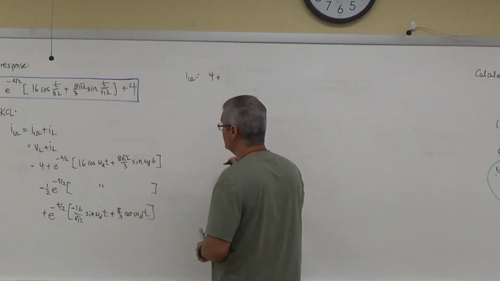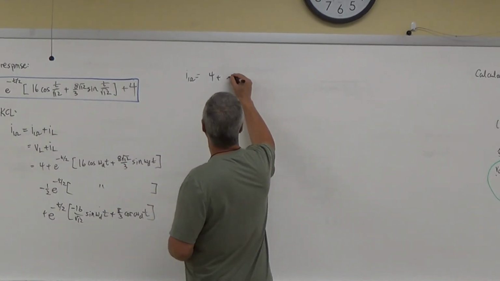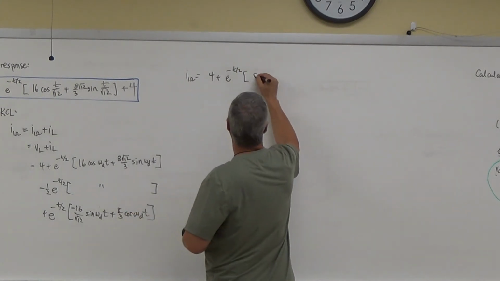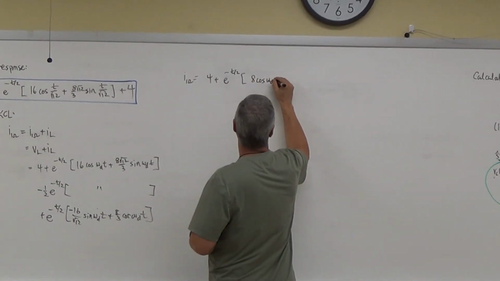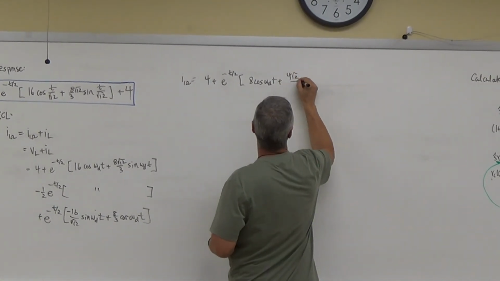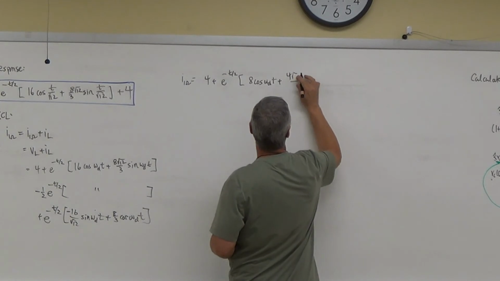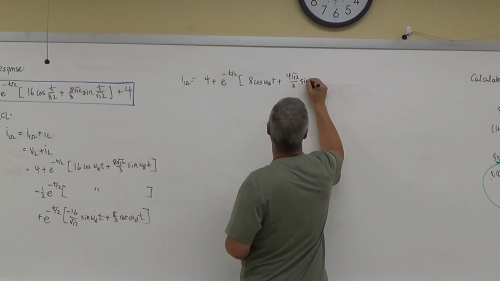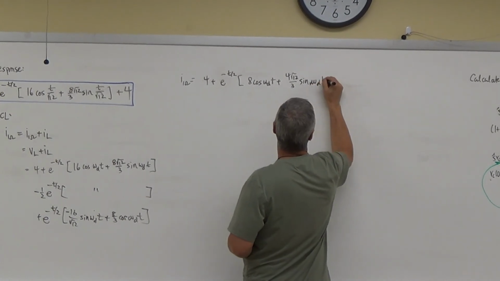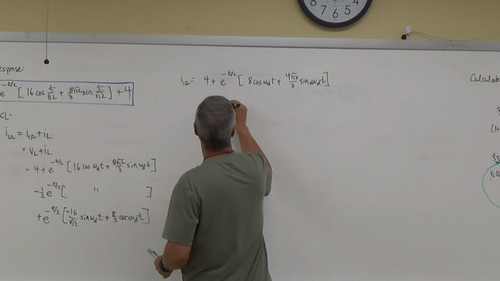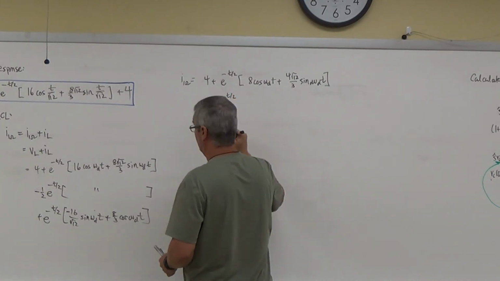So I'm going to get e to the minus t over 2 times the quantity 8 cosine omega dt plus 4 square root of 2, no, that's square root of 12, times 3 sine omega dt, and then I get this term right here, plus e to the minus t over 2.